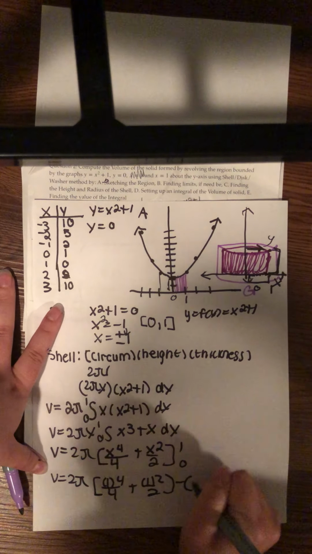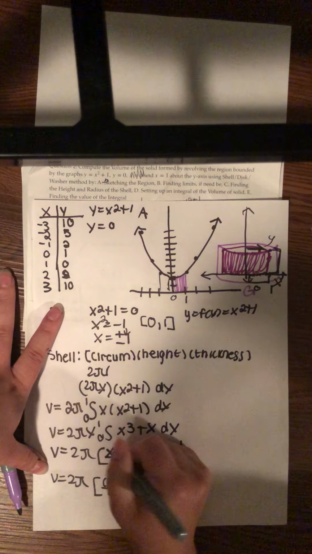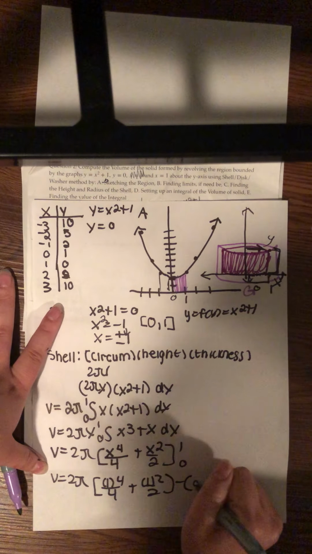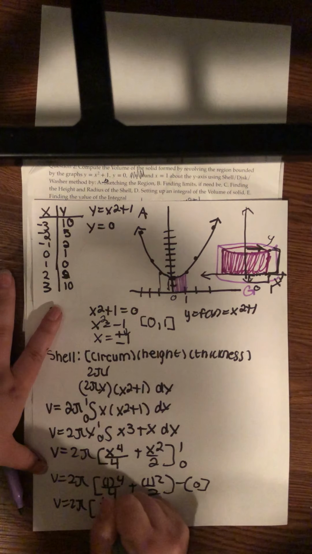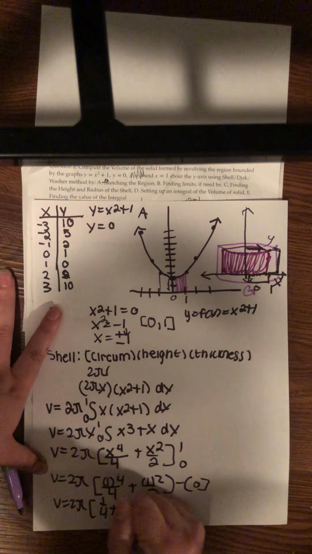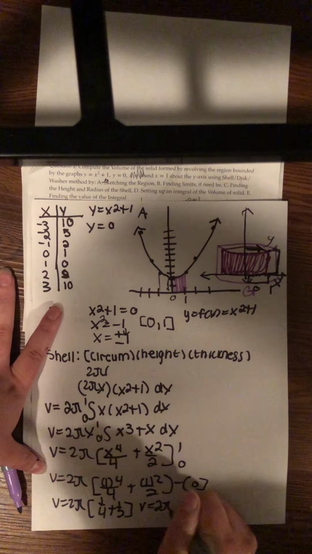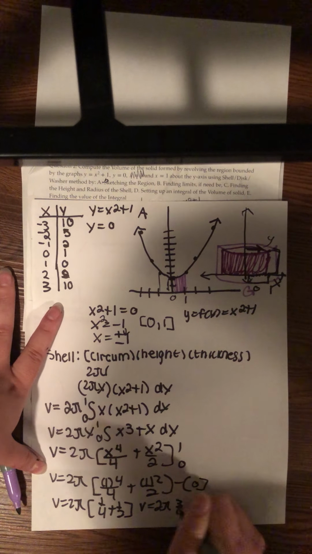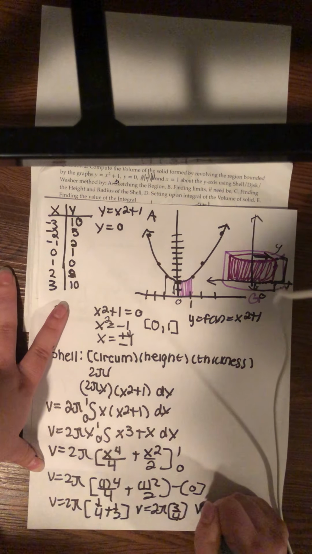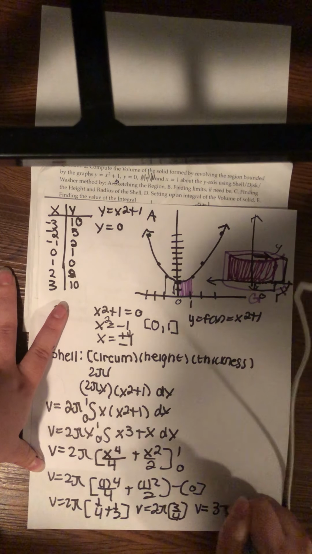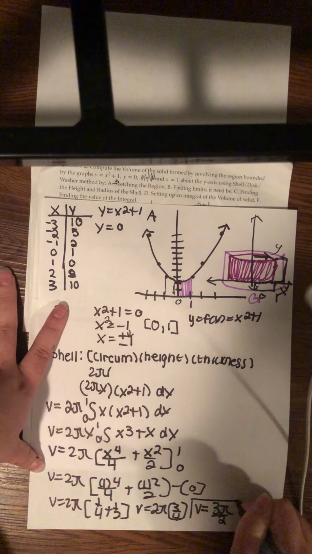Now we normally would use this lower bound and do the same thing after subtracting it, but we know that all zeros put in here will just be 0. So we have V equals 2 pi times 1/4 plus 1/2, which goes to V equals 2 pi times 3/4. Multiplying this all together, we have the volume equals 3 pi over 2. And that is our final answer.